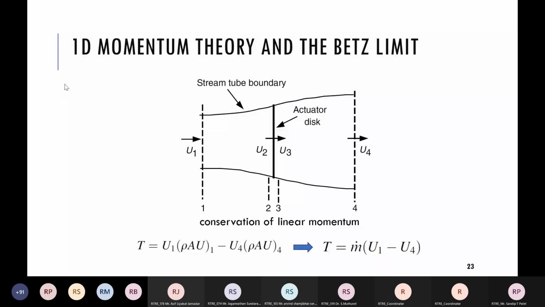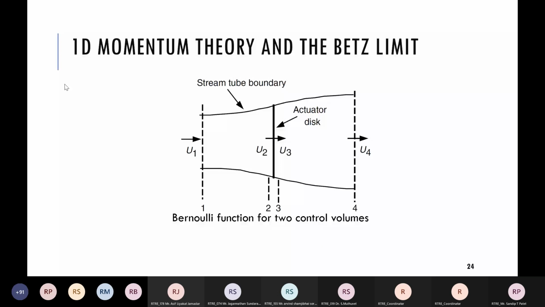Another theory we can apply is the Bernoulli equation for the two control volumes, upstream and downstream. Fine. 1, 2 and 3, 4 are the two control volumes, before the rotor and after the rotor. Bernoulli's equation has three heads: the pressure head, the kinetic energy head, and the potential energy head. Here the elevation is the same at every point, so naturally the potential energy is zero.